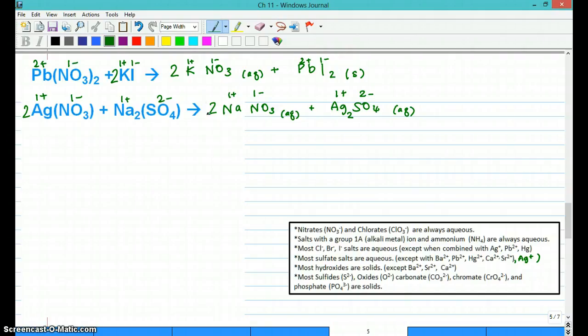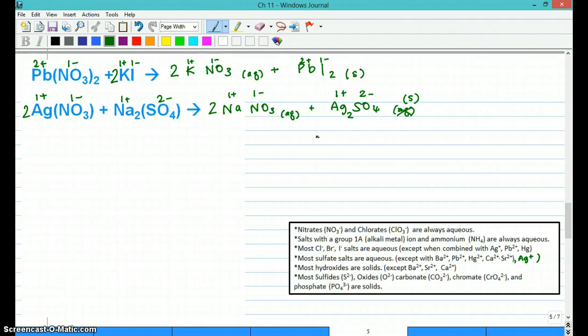I want you to take a look at all the ions on the left side and right side of the arrow. What ions are the same from the left side and right side? The same ones are 2NO3 and 2K. The ones that are highlighted are called spectator ions.